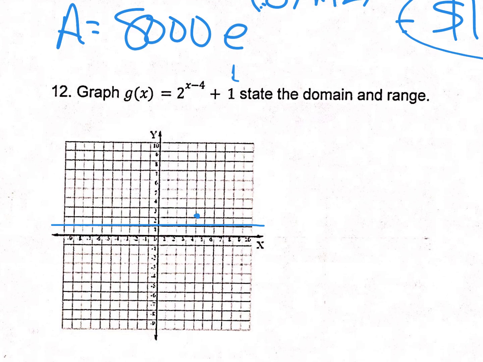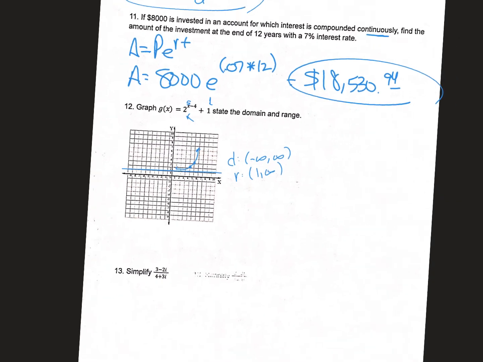And because it's exponential growth, we're going to go 1 to the right, which puts me at 5. If you put 5 in here, that exponent becomes 1 like it always does, which means that's 2 plus 1, which is 3. So if I put in 5, I get 3. There's my second point. Looks just like that. The domain and range is just the opposite of what we did on 1 and 2 on this test, because they're inverses of each other. That's 12.